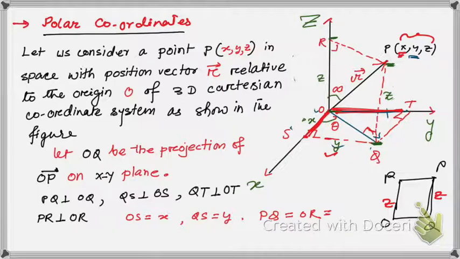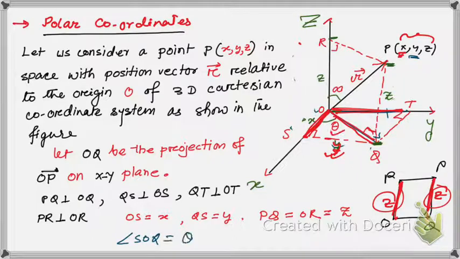That's why it is Y. Then here you can see this OR is Z, so PQ will be Z. Now the angle between this projection and the x-axis is theta, as we have considered. So SOQ is theta, right? And the angle between the position vector and the z-axis is alpha, so we can write POR is alpha.